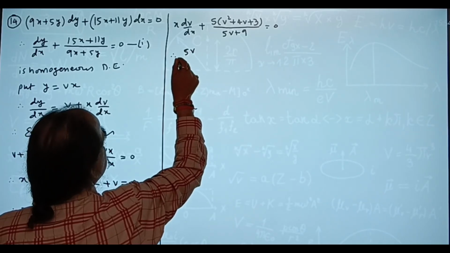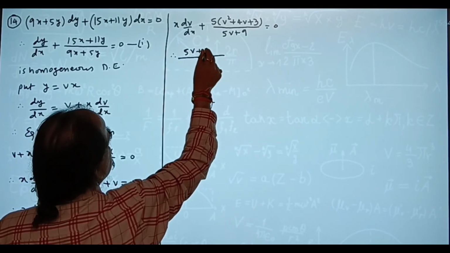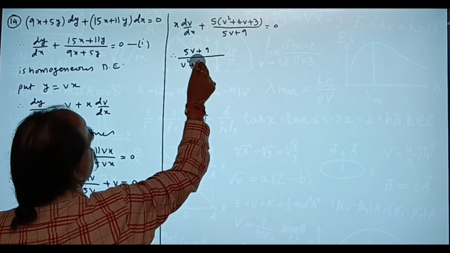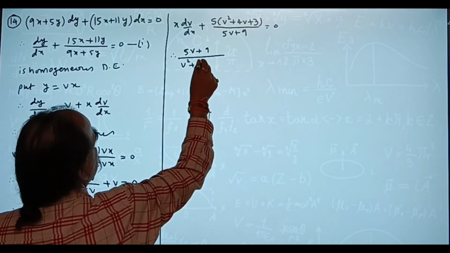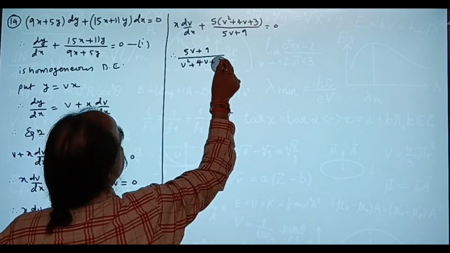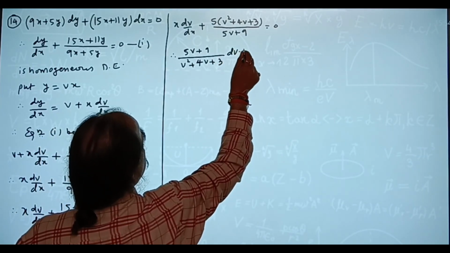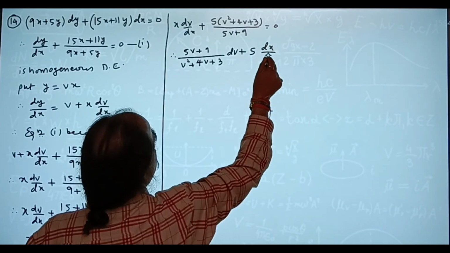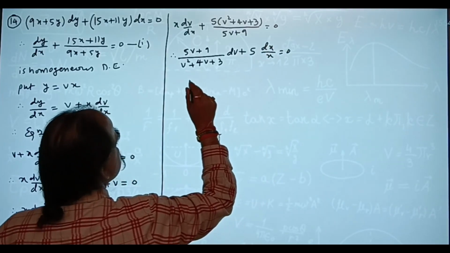So 5v plus 9 divided by v square plus 4v plus 3 dv plus 5 dx upon x is equal to 0.